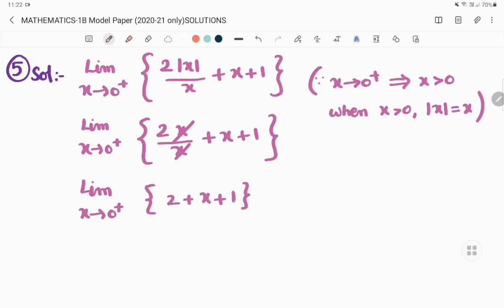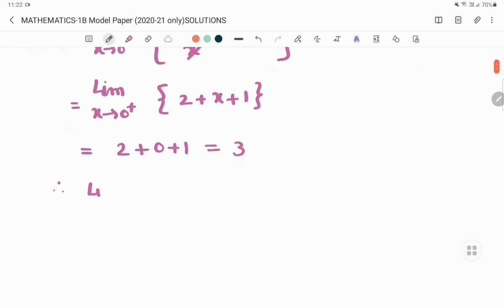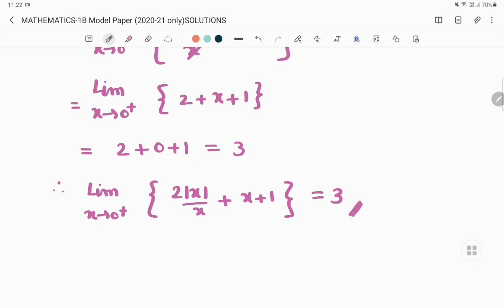Now wherever x is there, replace with 0. So 2 plus 0 plus 1, which is equal to 3. Therefore, limit x tends to 0 plus 2 mod x by x plus x plus 1 is equal to 3. Hence proved.